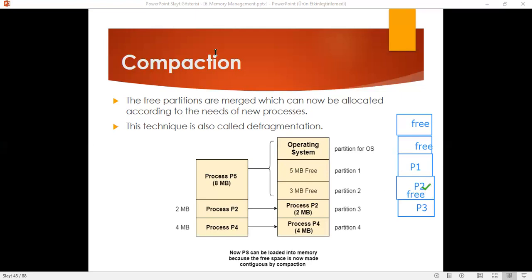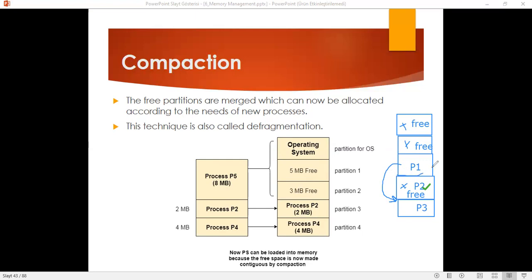So what should happen: this process should go to the beginning, and this one something like that. This should be moved from this part to this part to make all these empty spaces contiguous and running processes contiguous.